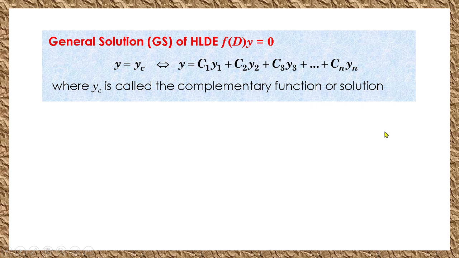Y sub p is called a particular solution. It has no arbitrary constants. Y sub c contains arbitrary constants equal to the order of the DE, or equal to the exponent of m in the polynomial equation, which is the auxiliary equation.